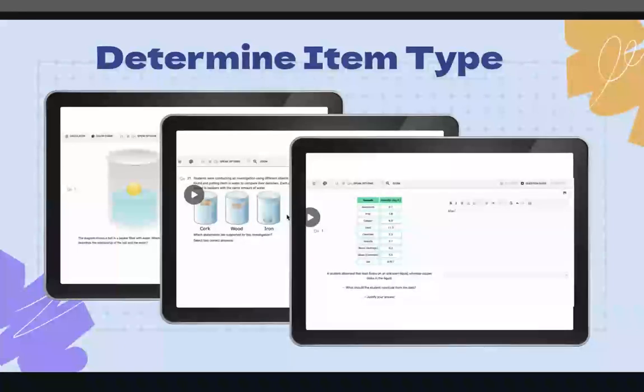And then finally, here's another way that we could assess the concept of density with a completely open-ended short constructed response, having them analyze a table of density information and being able to write an explanation. So as you're thinking about building these blueprints and building these tests, you might consider what would it look like if I used multiple choice on a BOY?